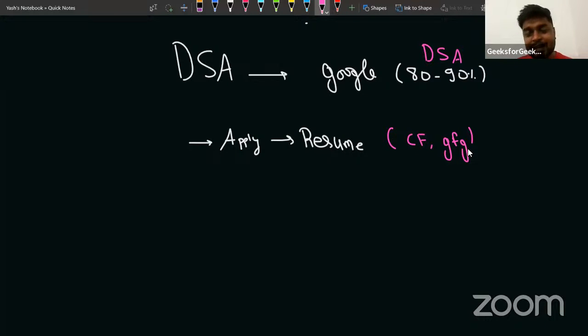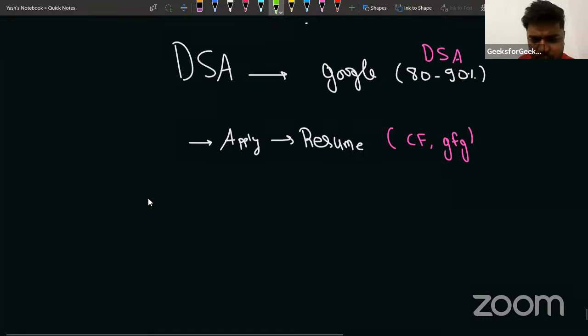Although I did not join, I did get calls from them because my profile was pretty good. So if you're good in DSA, your coding profiles will be good. If your coding profiles are good, your resume will be good. If your resume and coding profiles are good, chances are that you will get interview opportunities easily at many organizations, because you'll get referrals easily.